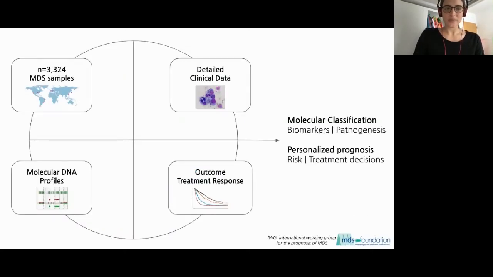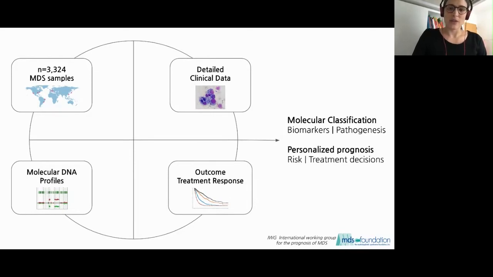So we have received DNA samples from MDS clinics at MSK, 3,300 samples that we've been profiling for genomic alterations.